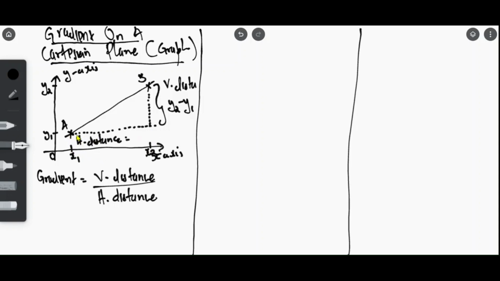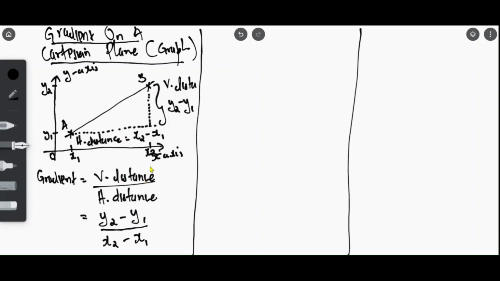So the distance between these two is x2 minus x1. Therefore, the gradient in a Cartesian plane is given by the vertical distance, which is y2 minus y1, all over x2 minus x1. That is how we get the gradient on a Cartesian plane.